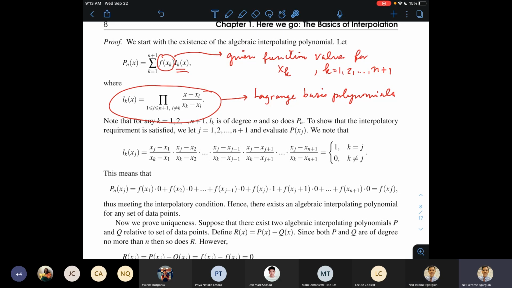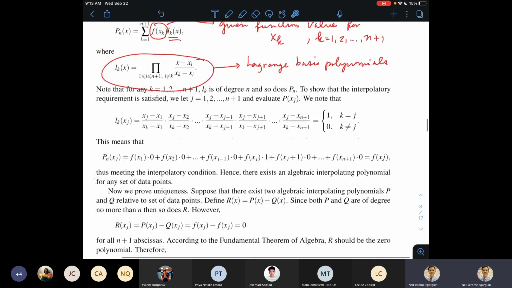Okay? So kung i-expand nyo si L sub k, gagawa nyo lang siya ng x minus x1, tapos x minus x2. Okay, maybe we can do that here. So this is x minus x1, x minus x2, hanggang x minus x sub k minus 1.